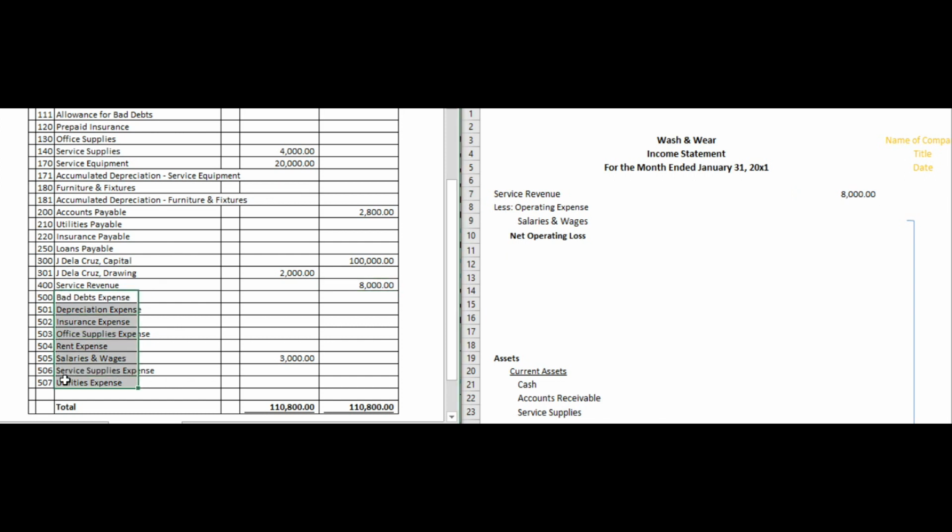Usually sa chart of account natin. Ito mga to. Kaso, ang may balance lang is si salaries and wages. So, salaries and wages. Minus, ito yung net operating income or loss. Yan. Income yan. Okay. Pag income, ganyan. Pag loss, close and open parenthesis. Meaning, nag-negative. Okay. In our case, income.